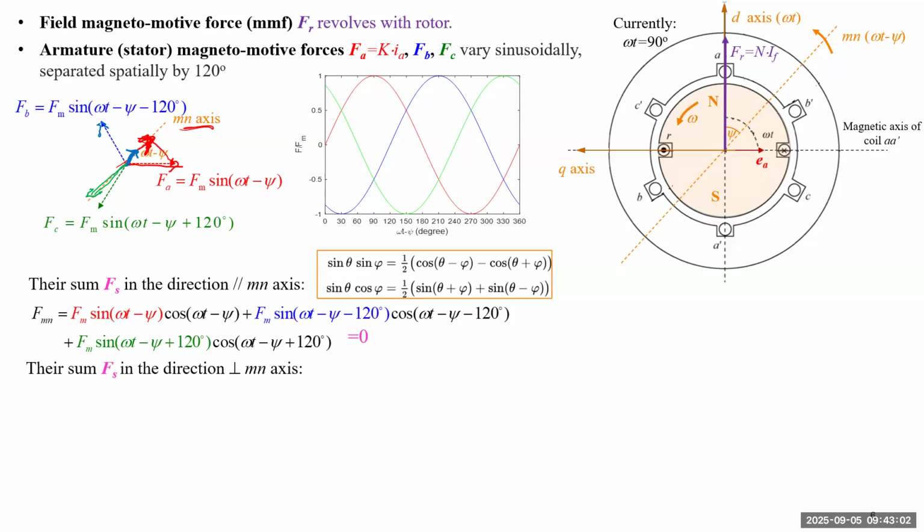For the second item, we calculate their components in the orthogonal direction. So for FA, we're going to find this component, FB will be about this component, and FC will be this component.